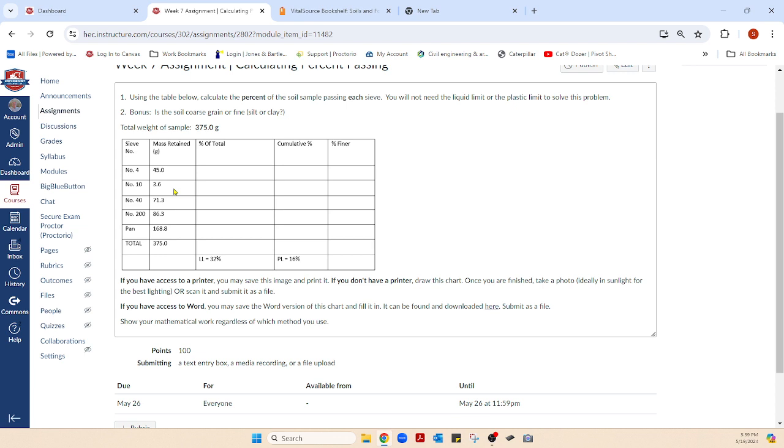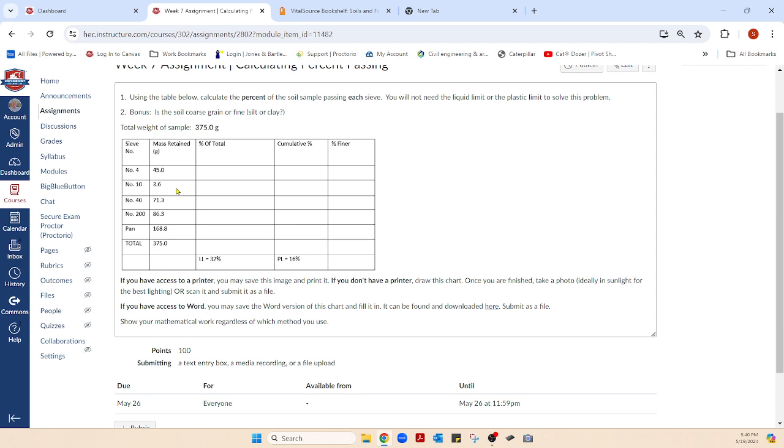Take that one, it's kind of like we just did, and divide it by the total, 375, multiply that. Let's see what that is in the real world. In this case, we're on 3.6. 3.6 divided by the total mass of 375 equals 0.0096 times 100, and that equals 0.96%.